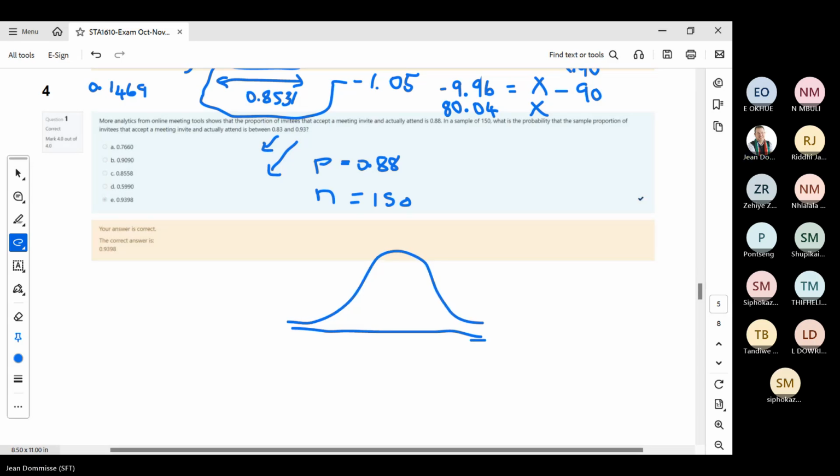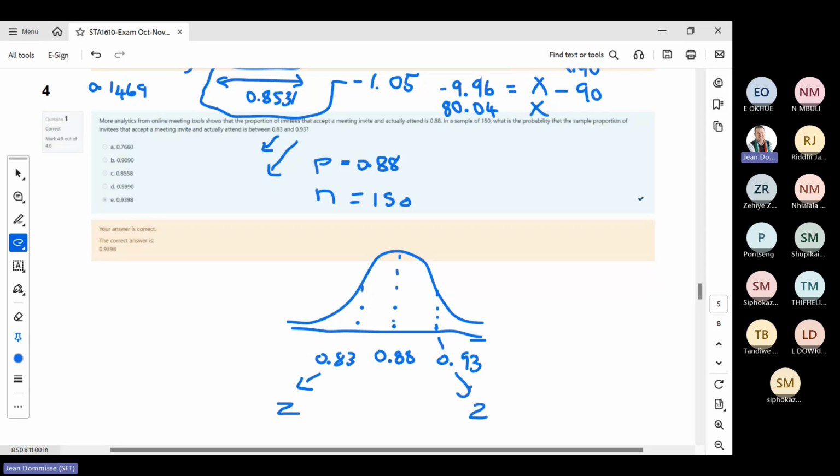So that is where the 0,88 is going to be. So you need to test it between 0,83 and 0,93. You need to get the Z value for this one. Then you need to get the Z value for that one.